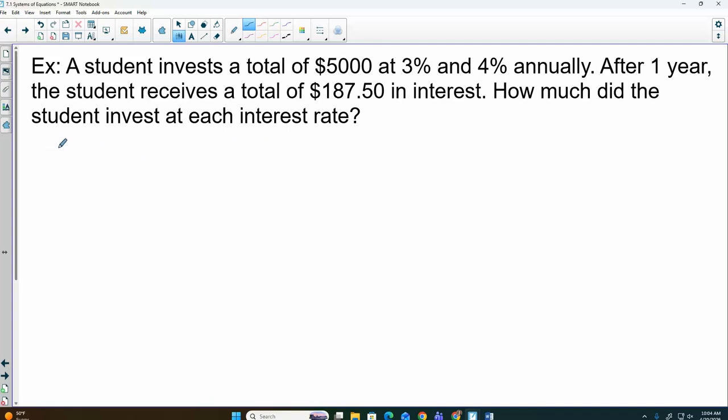So x and y, we need the amount at each rate. So x can be my 3% and y could be the amount at 4%. If they invest a total of $5,000, what's my first equation?